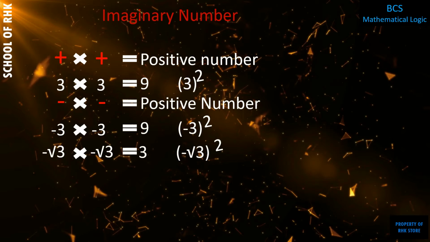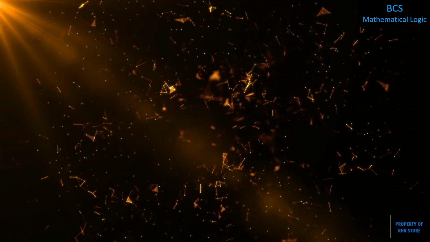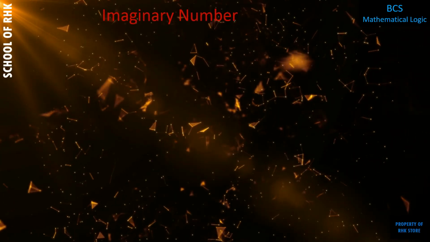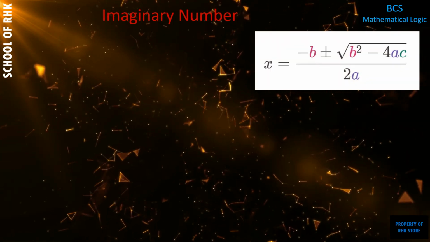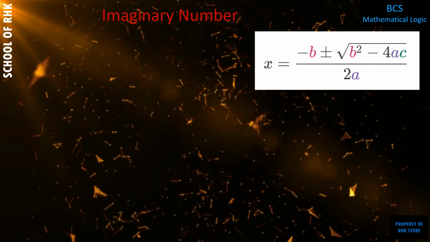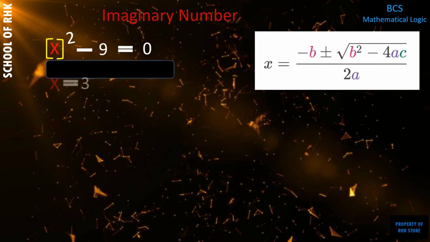Let's try to understand a little bit more. More or less, all of us have studied the quadratic equation in middle school, and from that we know that if x squared minus 9 is equal to 0, then the value of x will be equal to positive 3 or negative 3.